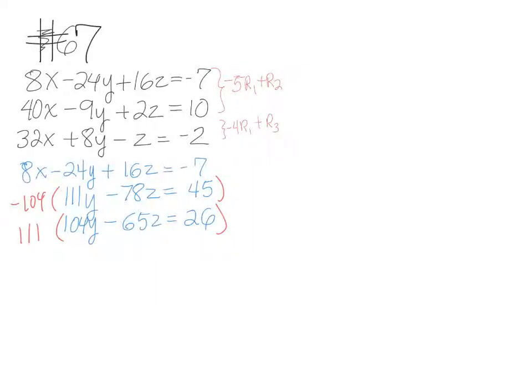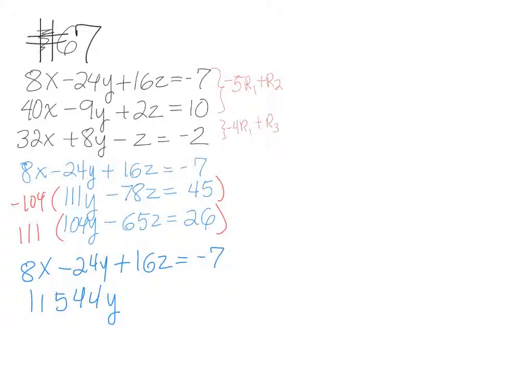So let me recopy the first equation. 8x minus 24y plus 16z equals negative 7, and then 104 times 111 is 11,544, that is the y, and then 104 times 78.